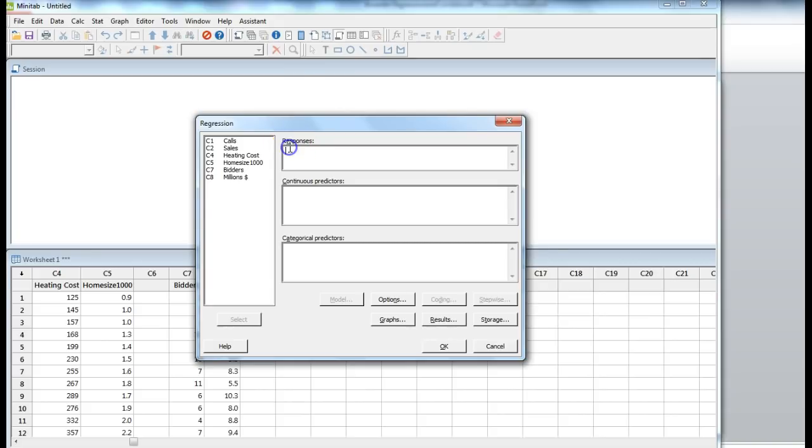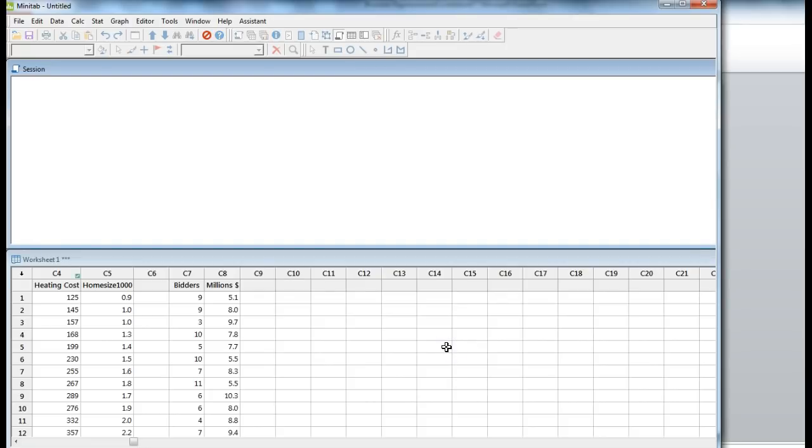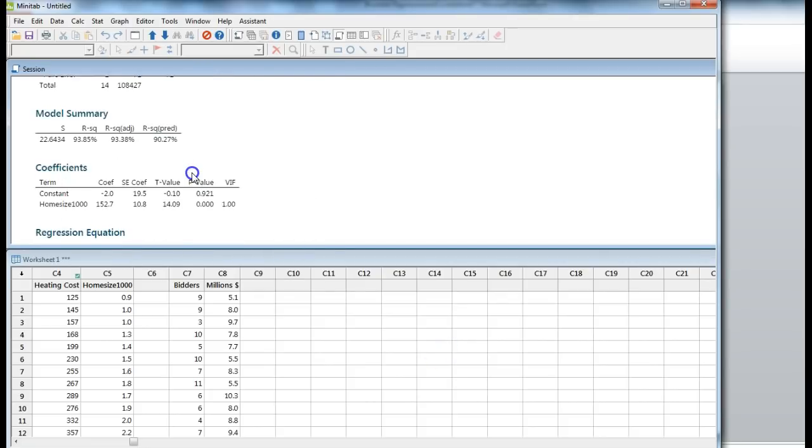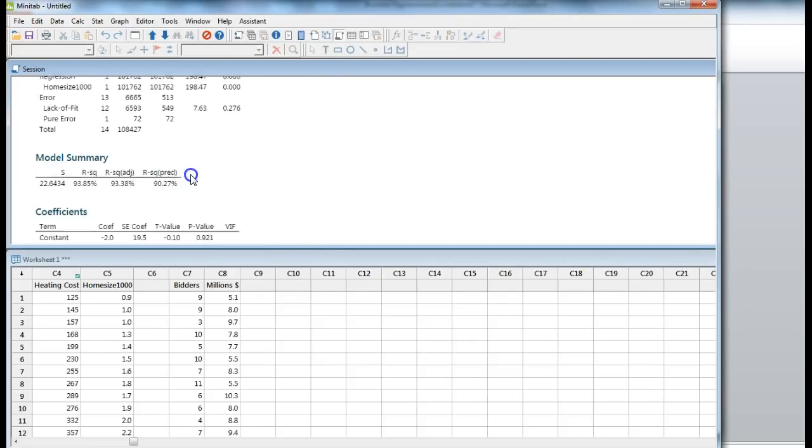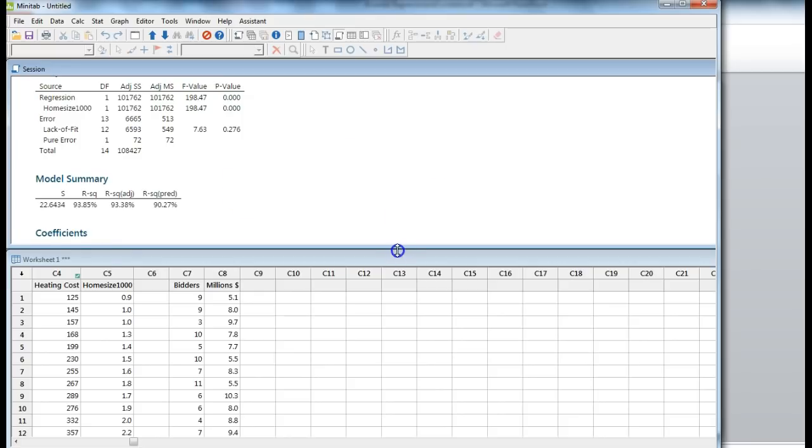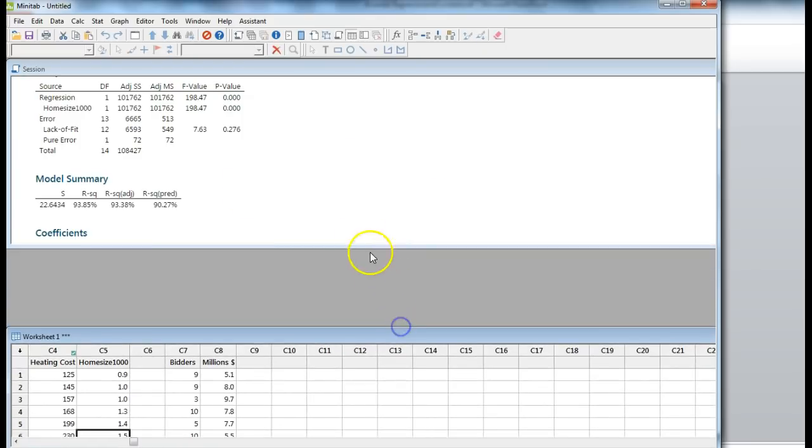My response variable will be heating cost, and my continuous predictor will be home size in thousands. So X, home size, affects Y, the cost to heat it. Then we just say OK, and out will pop this output in the session window.